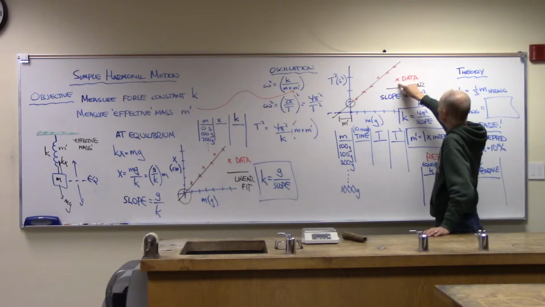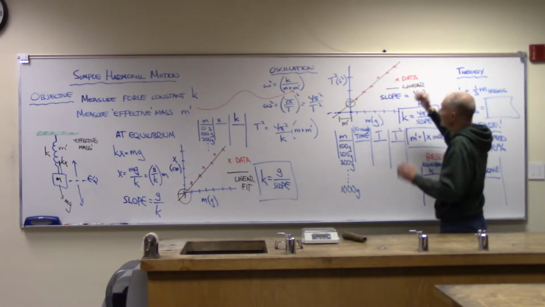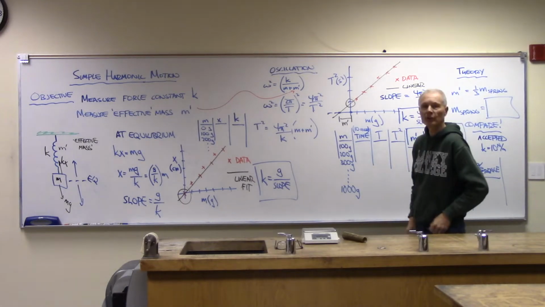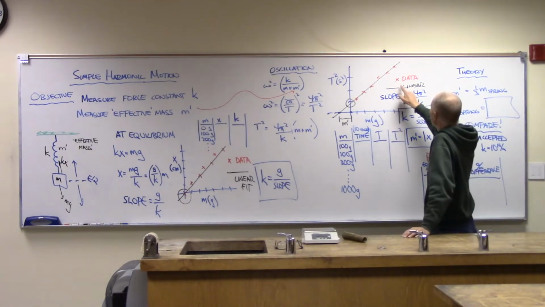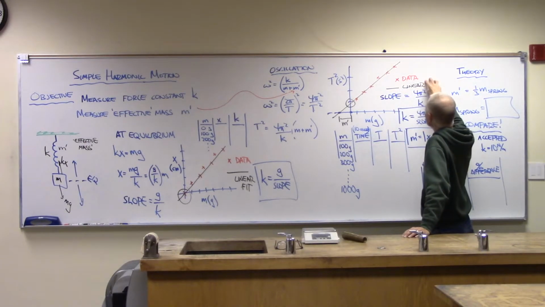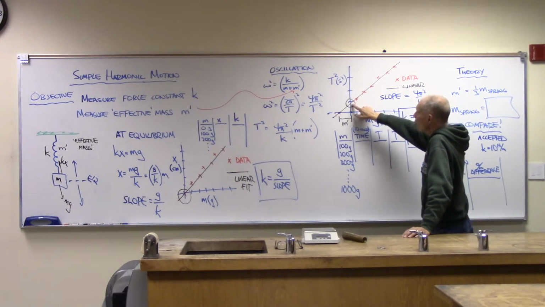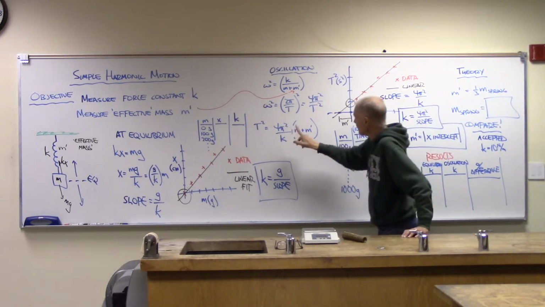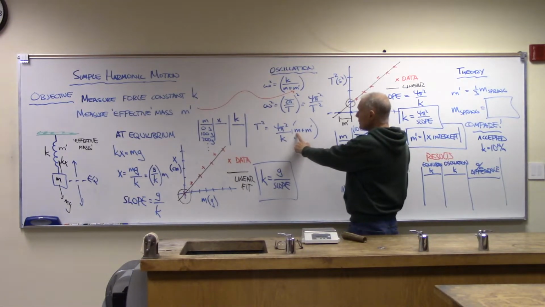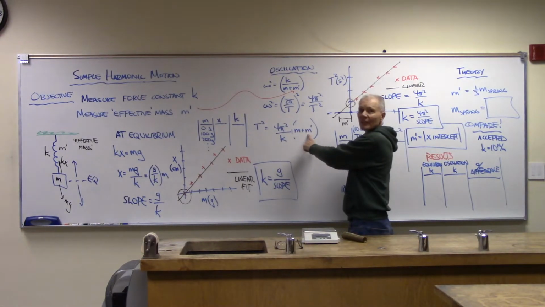So here's my graph. Here is the data with those nice prominent data points. Let people know where your data actually is, and then a linear fit. Now this time, the linear fit is not going to go through the origin, and that's because this is our variable. The variable is little m, but m prime is not a variable.